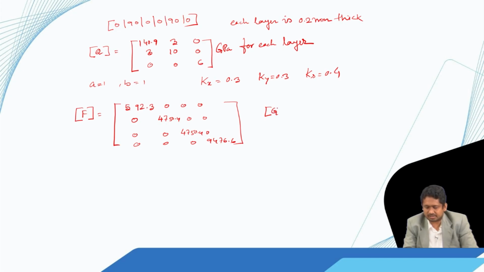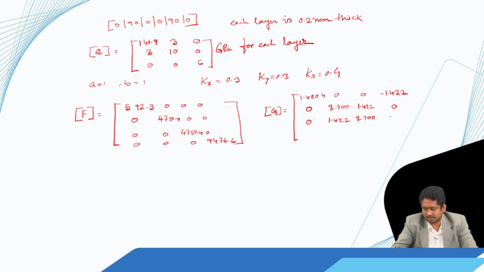And the G matrix that I get is 1.4804, minus 1.422, and then we have 0, 3.7011, and then we have 1.422, and then we have 0 0, 1.422, 3.7011, 0, minus 1.422, 0 0, and then we have 5.9218.